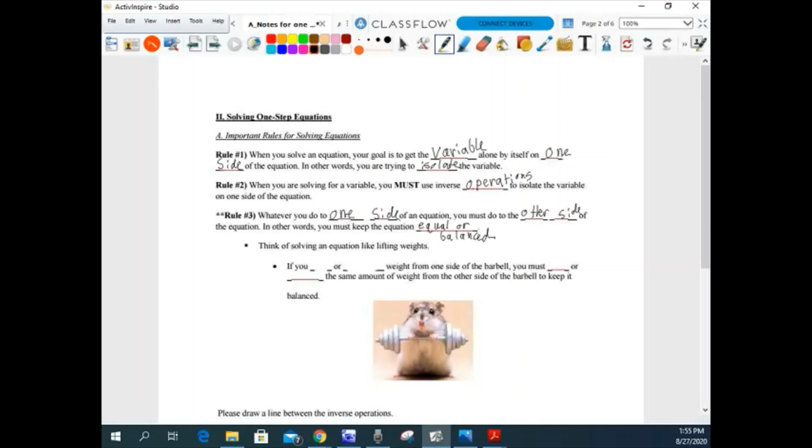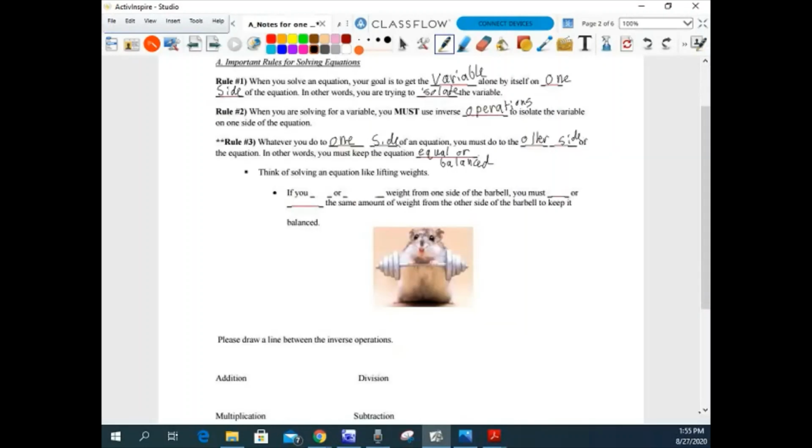Okay? Think of it like lifting weights. Okay? So if you were to add or subtract weight from one side of the barbell, you either have to add or subtract the same amount of weight from the other side of the barbell to keep it balanced.